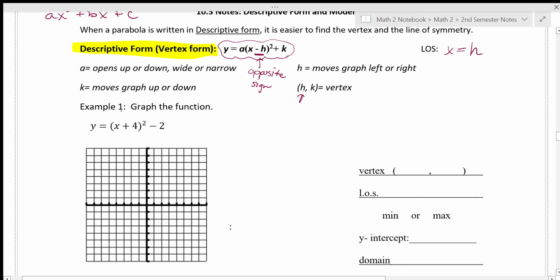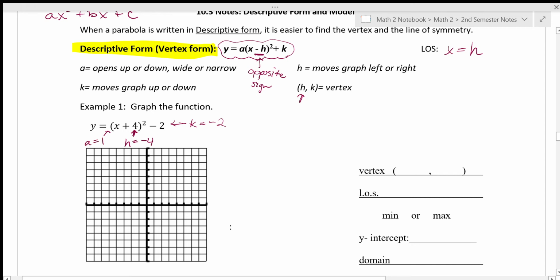This 4 here is our h, but we want to remember that the sign is going to change. So our h here is negative 4, and our k, the sign stays the same, so our k is negative 2. Our a value is 1. That's just our home base a there.